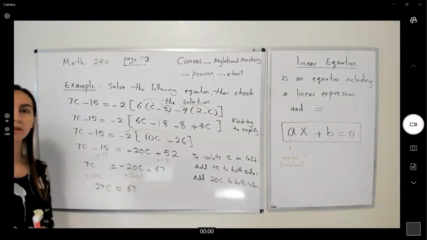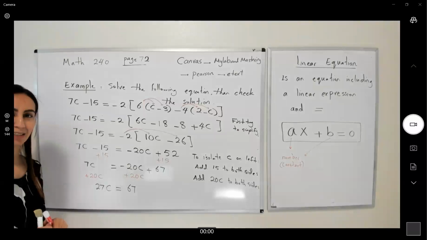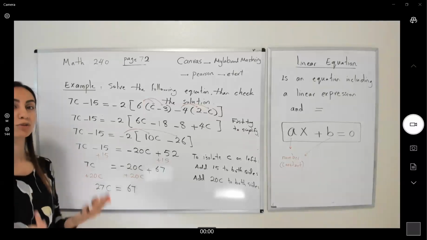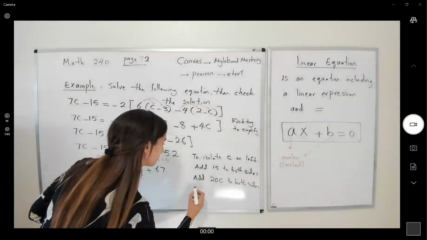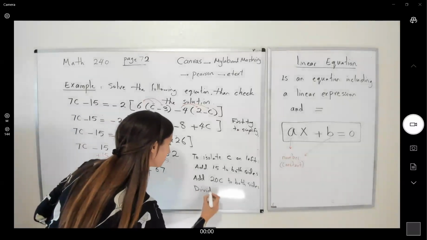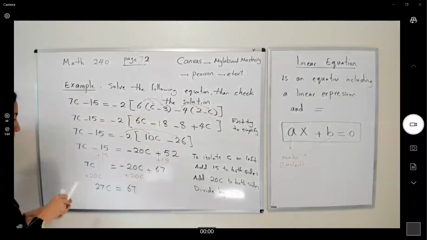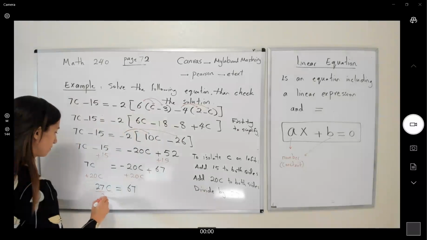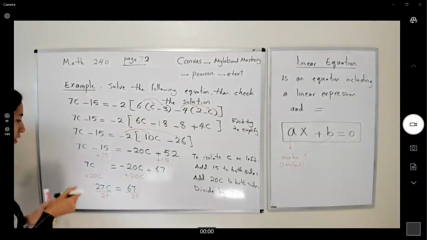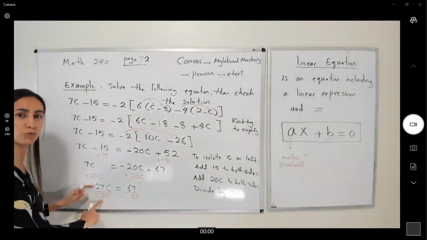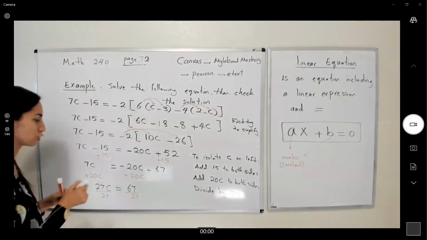27 is multiplied by c, so to get rid of 27, to eliminate 27, we're going to divide both sides by 27. Very well. 27 divided by 27 is equal to 1. 1 times c is going to be c.